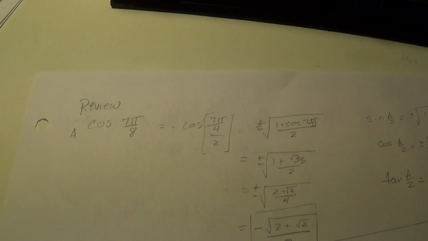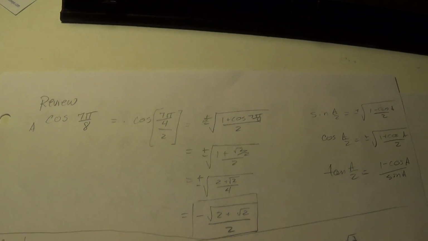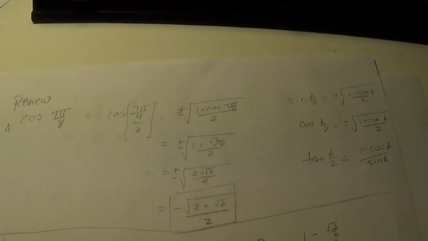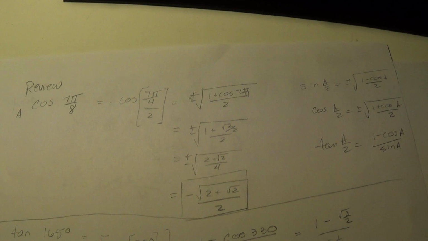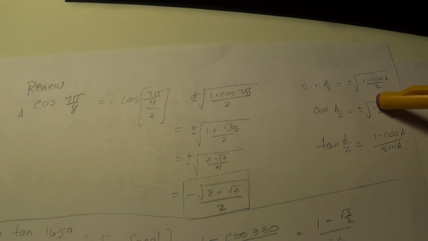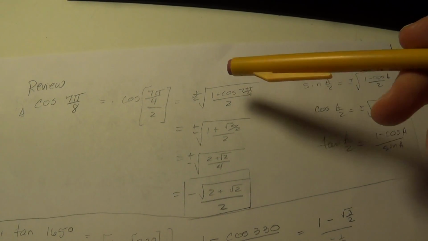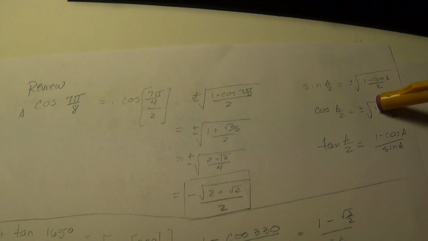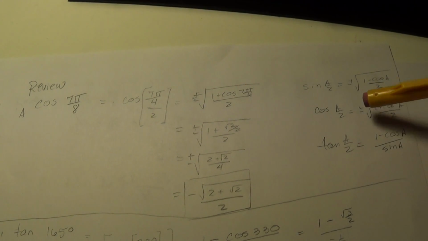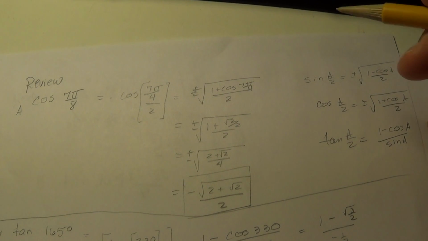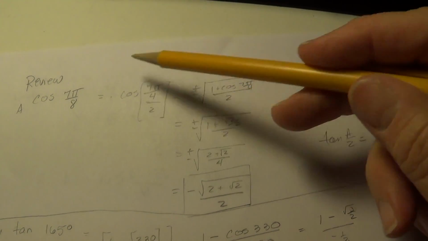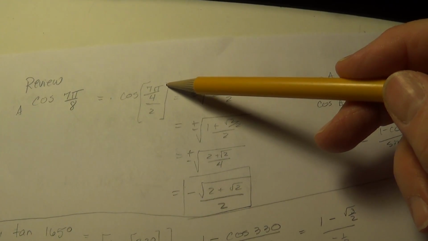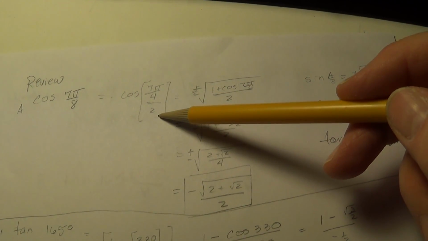The cosine of 7 pi over 8 will make use of the formula here, where I have listed the formulas. This one, since we're using cosine, we'll zero in right here. And you can see I rewrote 7 pi over 8 as 7 pi over 8 doubled divided by 2.